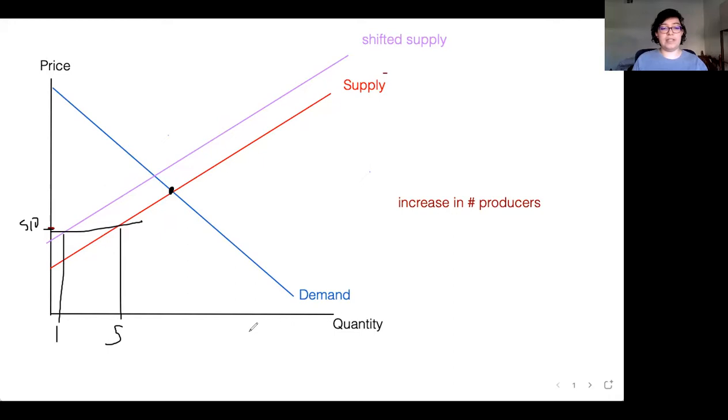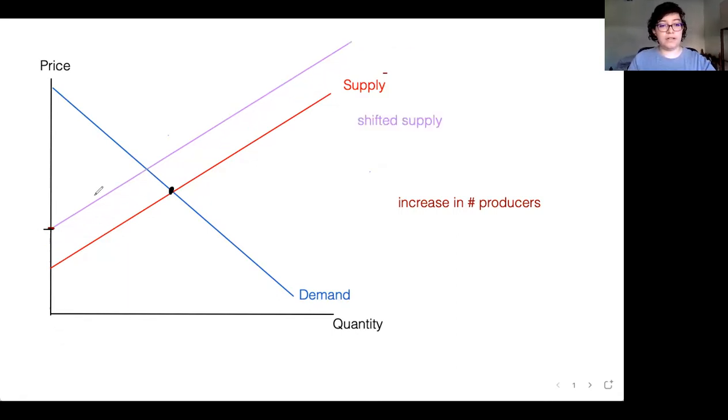So if the shift looks like this, at any price the quantity being supplied has decreased. This could mean there is now a decrease of producers in the market. Those are 2 examples for one of the reasons of a shift.